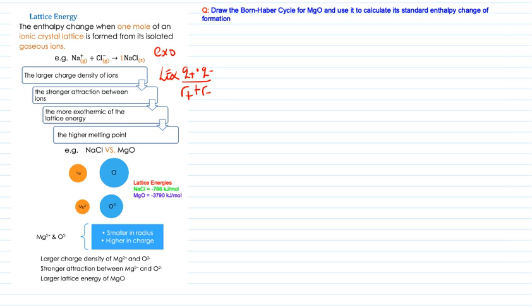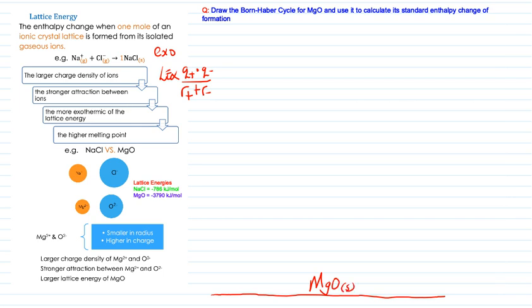In this, we are supposed to answer this question. Draw the Born-Haber cycle for magnesium oxide and use it to calculate its standard enthalpy change of formation. All right. So the first thing we do, we draw a horizontal line at the bottom, then we put magnesium oxide in solid state.